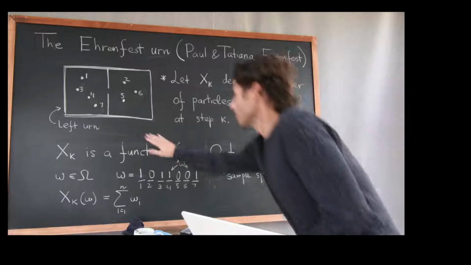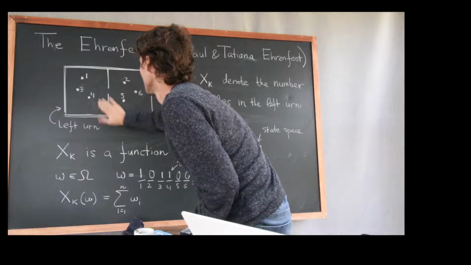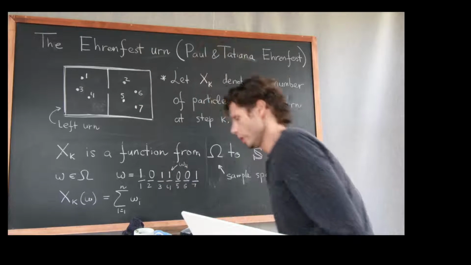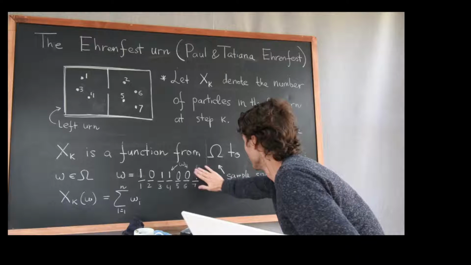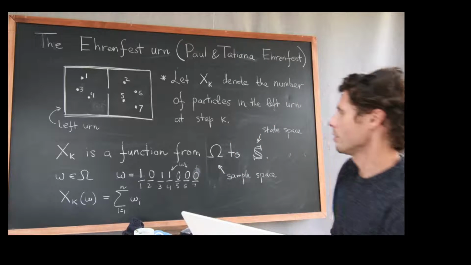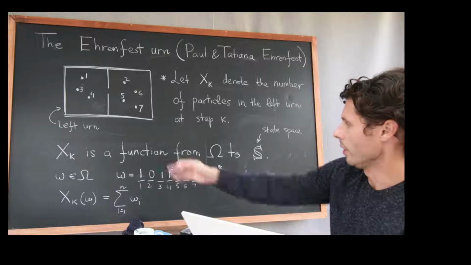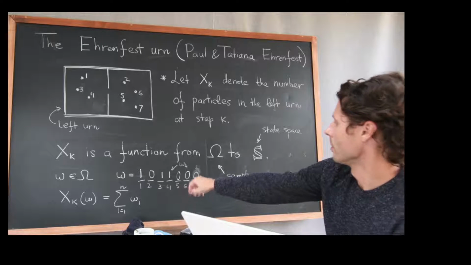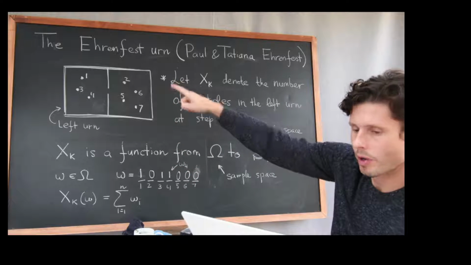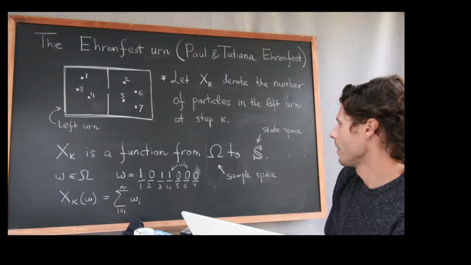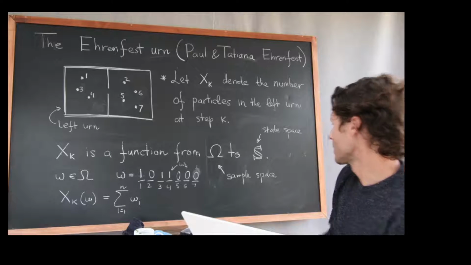So moving particle number 7 with probability 1 over 7 and landing it here will change this situation to this configuration, which is yet another element of Omega. And that sum is now going to be 3, 3 ones, 3 particles.